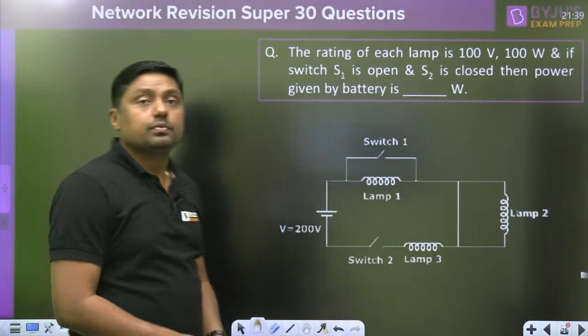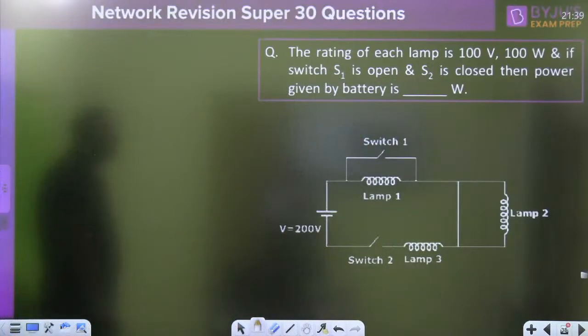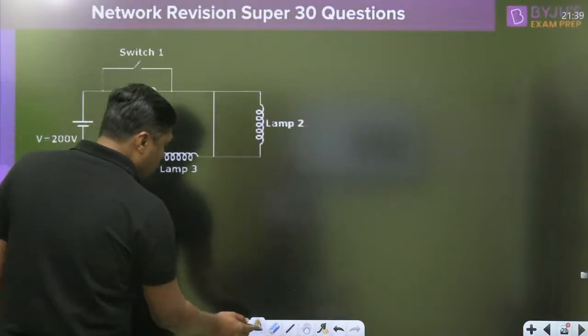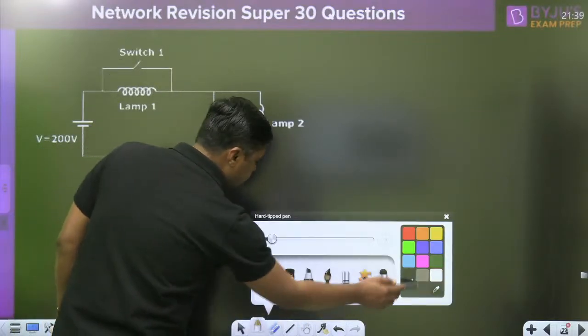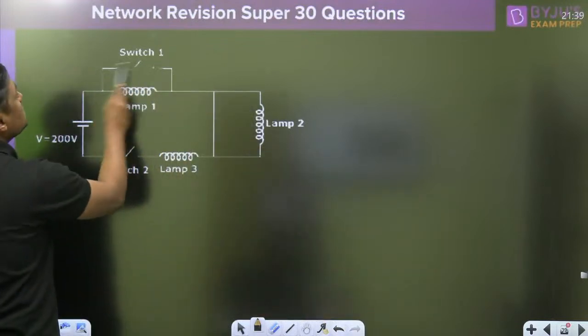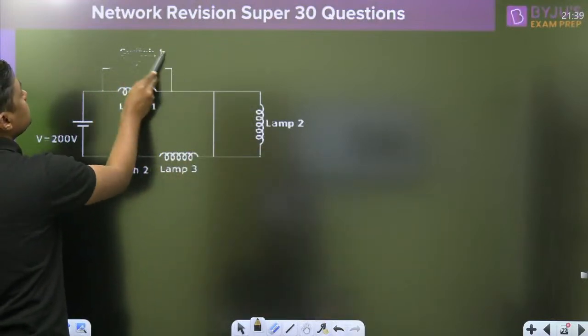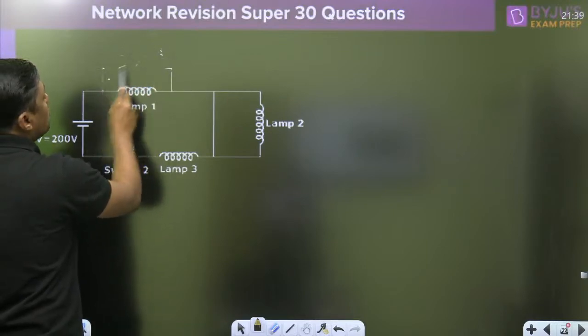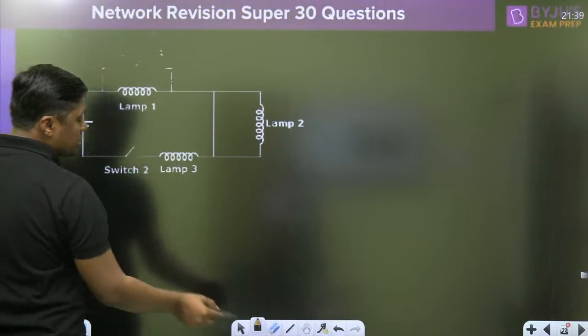Okay, now what is the answer? 200 watt. So the rating of each lamp is 100 volt, 100 watt, and if the switch S1 is open and S2 is closed, then the power given by the battery is? Watch this question carefully. This switch is open, this switch is closed.